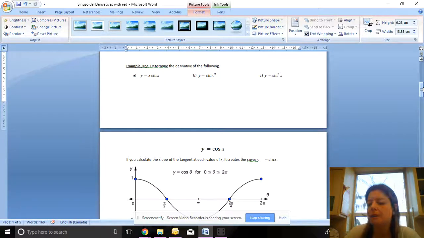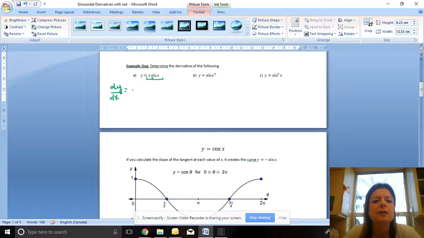So now we can use that to determine the derivative of the following functions. Here we have x times sine x. We think about this as a product rule first and foremost. We have two functions, x and sine x, being multiplied together. So the derivative is the first stays the same times the derivative of the other, plus the derivative of the first times the normal second.